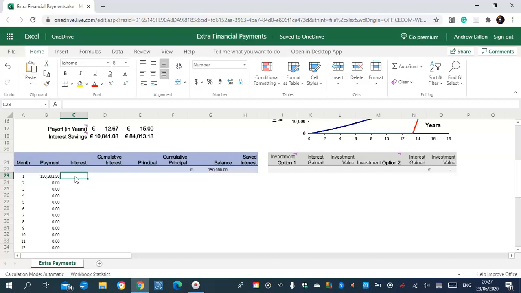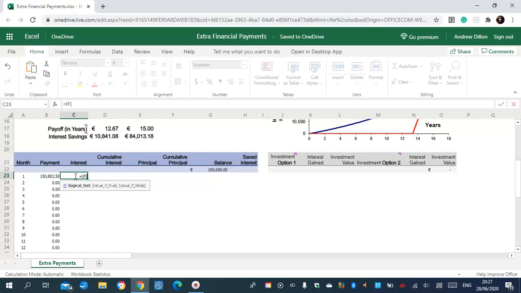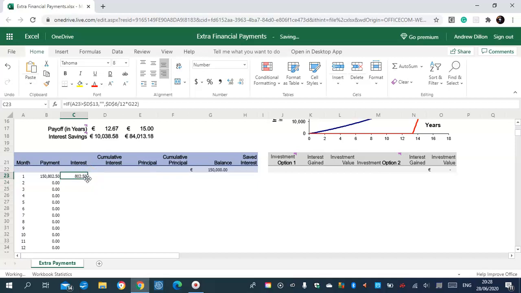Okay, now let's go and calculate the interest. Okay, correct.